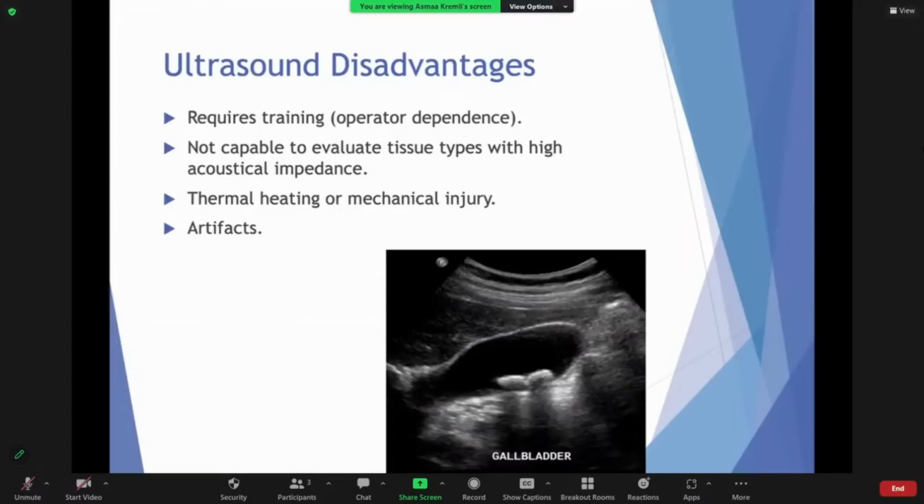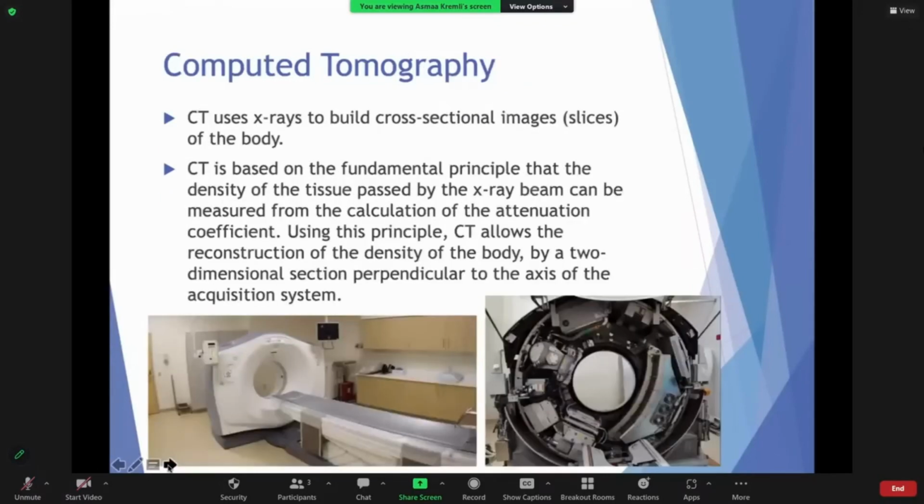Okay, now we will move to the CT scans, or computed tomography. So CT scans use X-rays to build cross-sectional images or slices of the body. CT is based on the fundamental principle that the density of the tissue passed by the X-ray beam can be measured from the calculation of the attenuation coefficient.